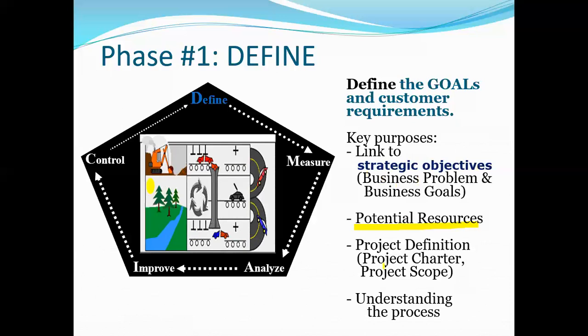This is the first one. And then we also go into detail, technically defining the timeline for the project and understanding the process or the department that becomes the scope of the Six Sigma project.